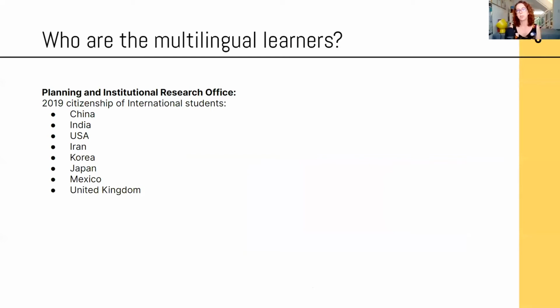And of the international students, the top nationalities for UBC include countries which have English as an official language. USA, UK, and India. So not all international students are multilingual, is the first point.